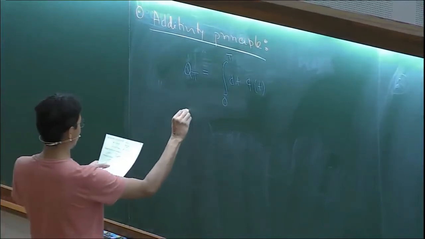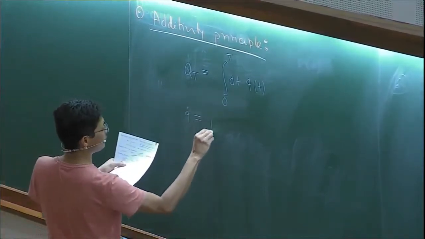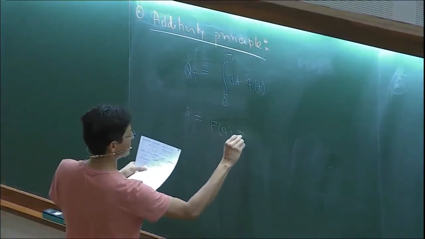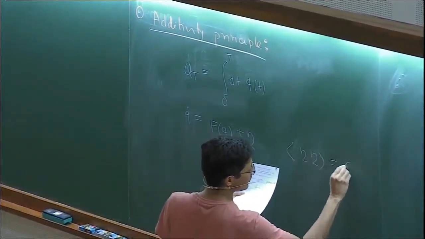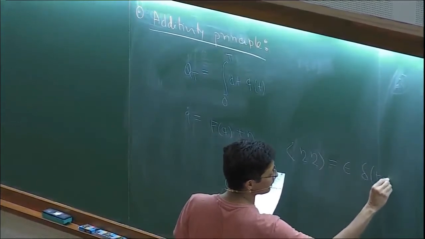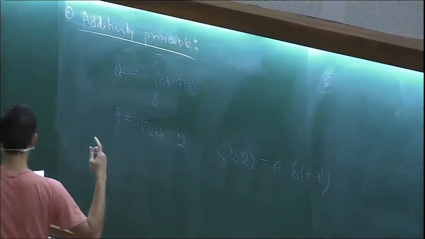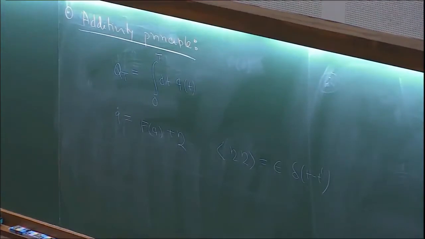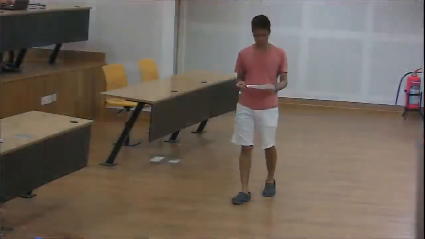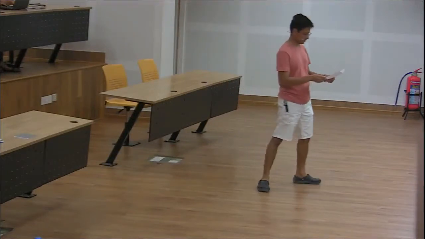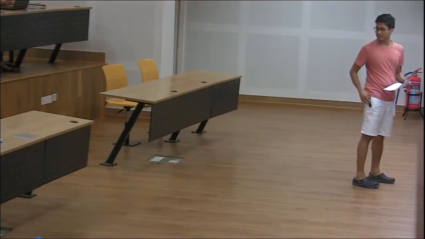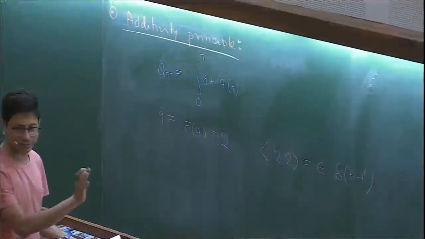So I'm looking at exactly the same problem, f of q plus eta, with eta being epsilon delta of t minus t prime. All the gamma and sigma I took as 1. Here I am considering f of q again as just the derivative of a potential, but for the timing, I'll just keep the f of q here.